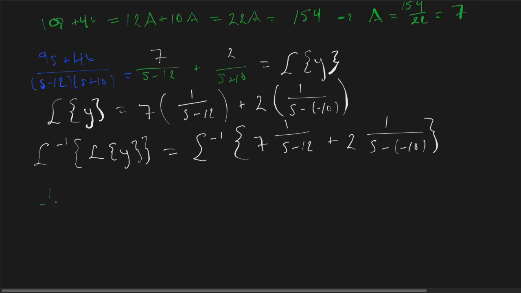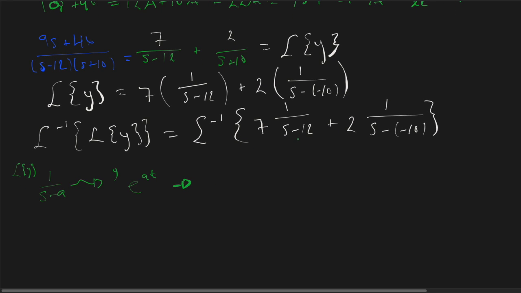That 1 over s minus a, going backwards from the Laplace transform to y, is going to be e to the at. So we're going to get, let's see, 7 e, where a is 12, as we see here, 12t. And then we're going to do plus 2. You see a is negative here. e to the negative 10t. And that is equal to our y of t.